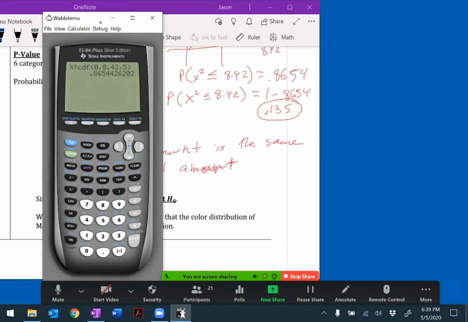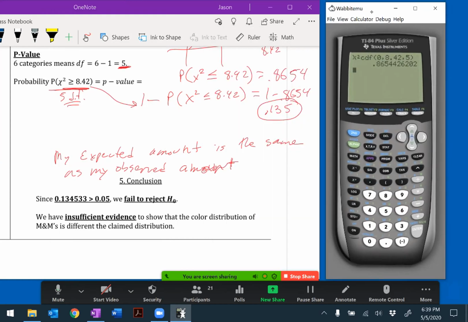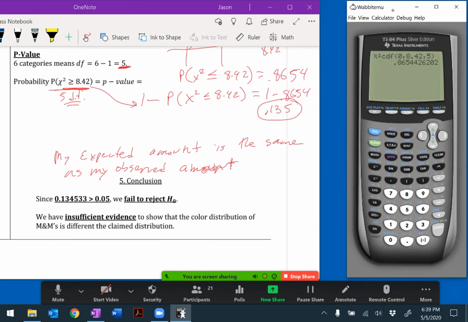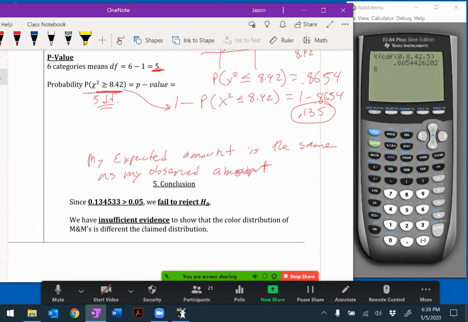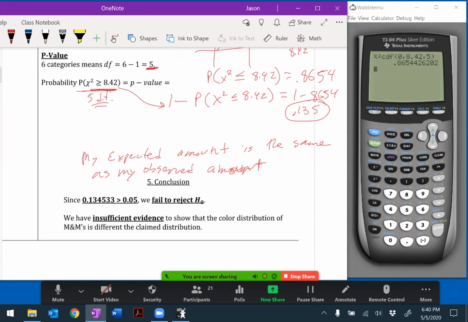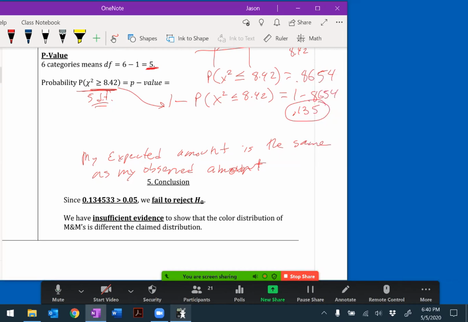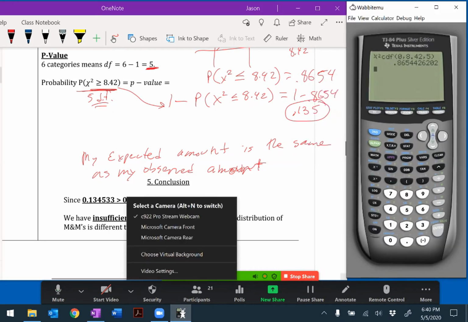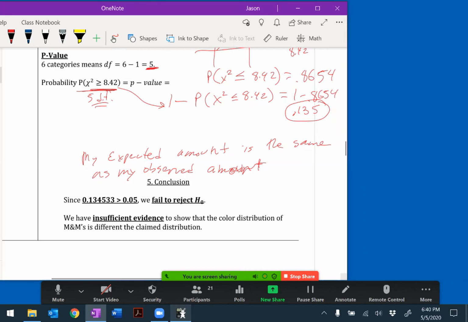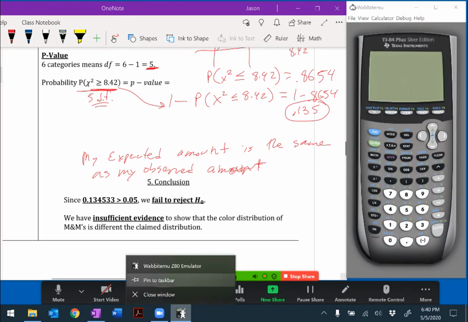Let's see if we can move it. Can we move it now? Yay, nice, perfect. Move that guy back. I don't want to lose this guy, so I'm going to pin him to my taskbar if I can. Maybe that's not allowed right now. Nope. Oh, there it is.